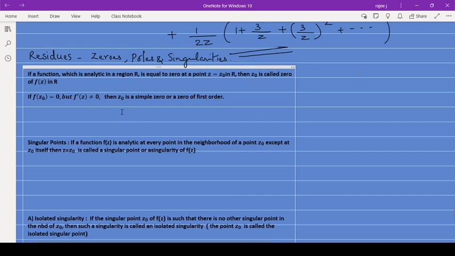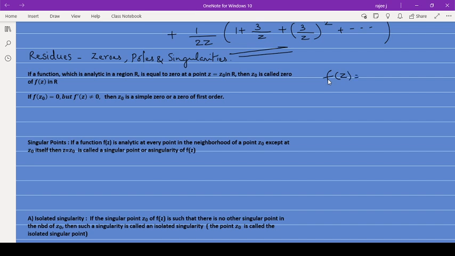So the zero of any function f(z) is defined like this. Suppose, just as an example, f(z) is equal to (z - 1) times e to the power z.